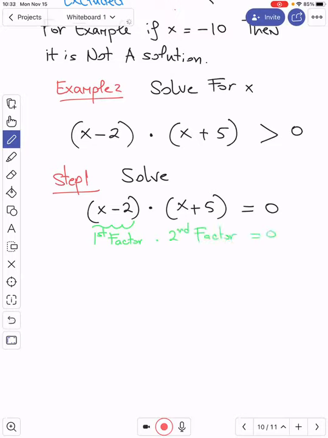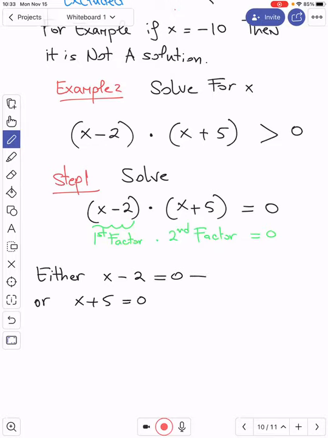So what we do is, of course, you don't have to distribute here, right? Because it's a product of two factors, two numbers, then one of the factors must be 0. So either x minus 2 is 0, or x plus 5 is 0.